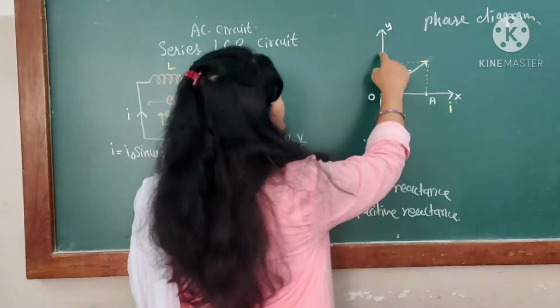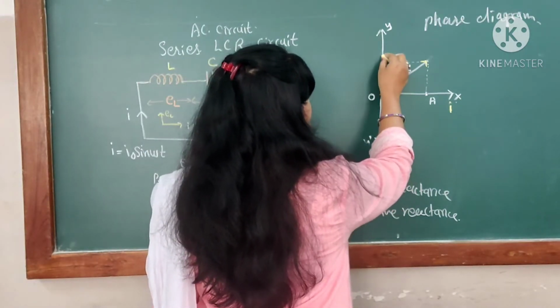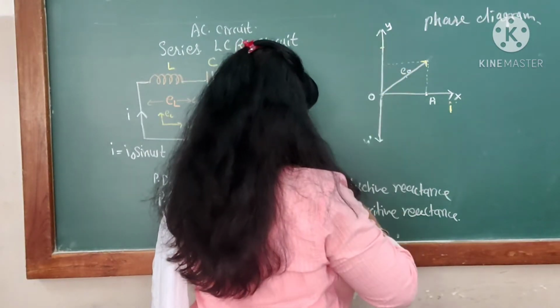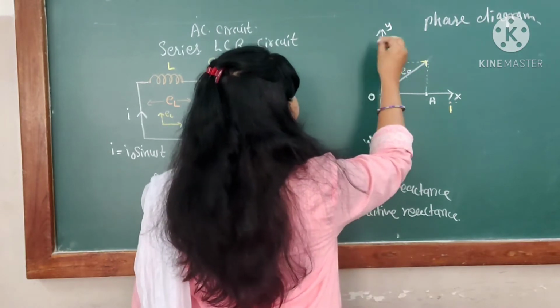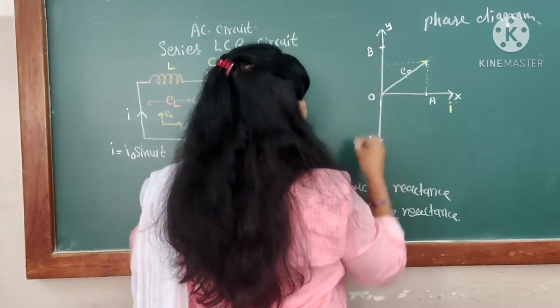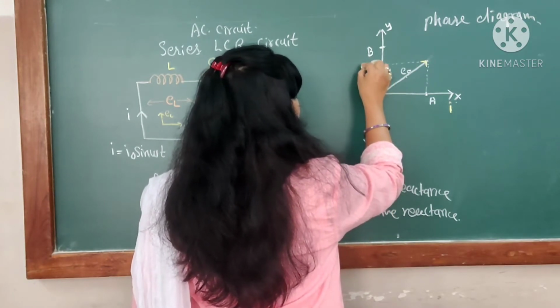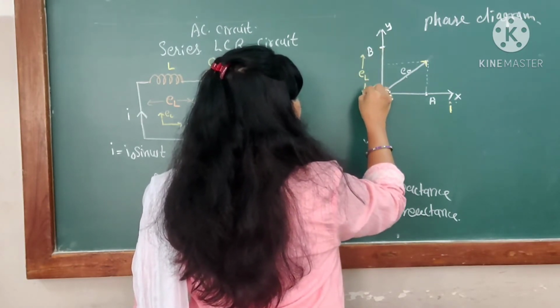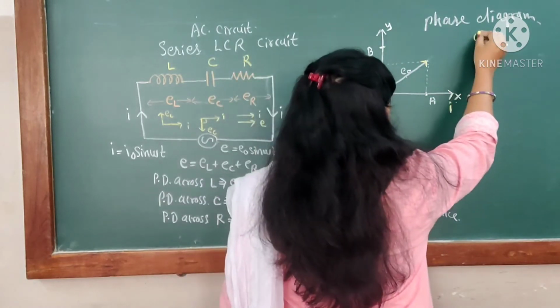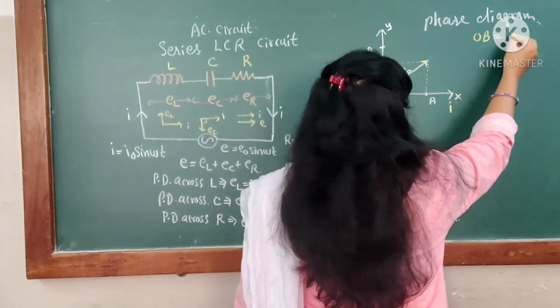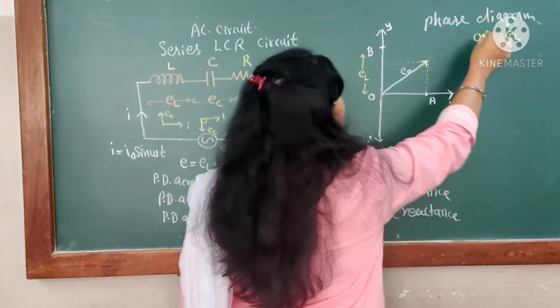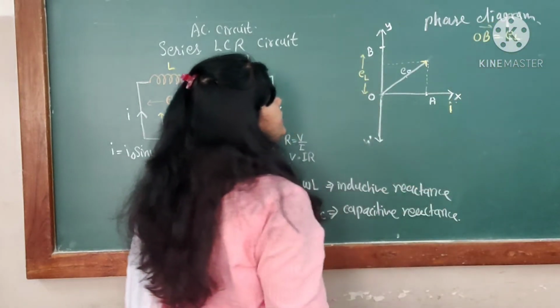That's why it is taken along the y-axis. Here I mark a point B. We write O to B: the vector OB represents EL.